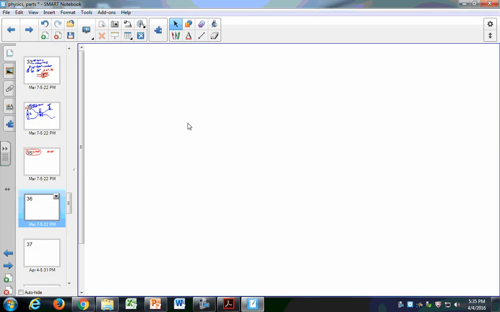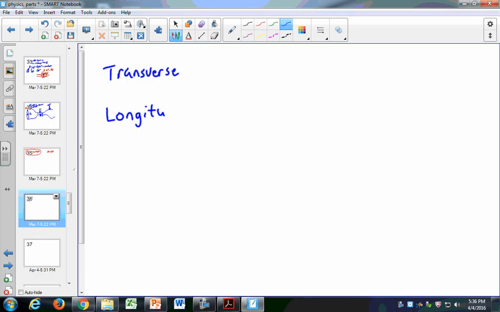All right. So the first part of this is just some basic stuff about waves. Now you have transverse waves versus longitudinal waves. We describe these exactly the same way with frequency and wavelength and all that jazz, but I like to think of it as the transverse and the longitudinal waves.